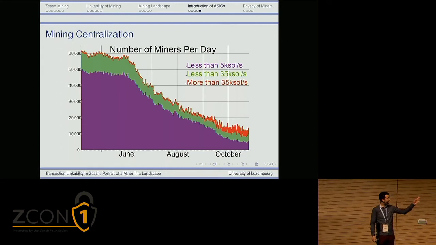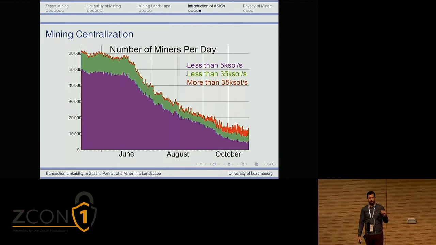What we found is that before ASICs started to appear in the network, there was a quite stable number of miners, around 60,000. But as soon as ASICs were introduced, this number of miners started to drop extremely heavily until it finally stabilized around the 15,000 mark roughly, which also means that ASICs are usually quite unhealthy if you want your coin to be decentralized from a mining point of view as well.